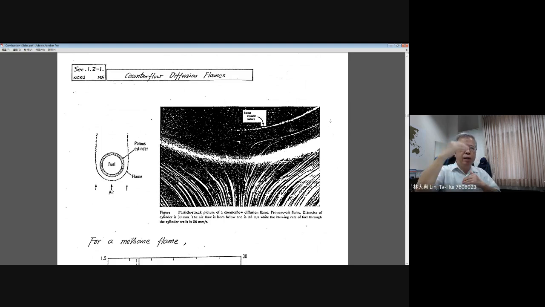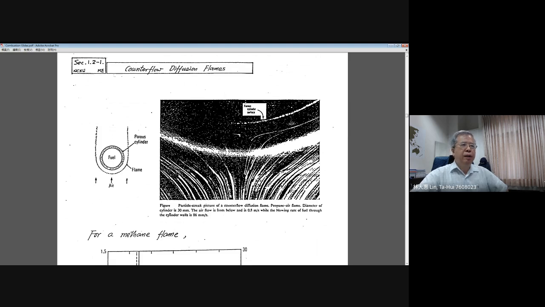Then the oxygen and the fuel are separate. When the fuel coming from the top cylinder and the oxidizer coming from the lower flow meet together, they generate the so-called diffusion flame. But this diffusion flame is quite close to the stagnation plane.